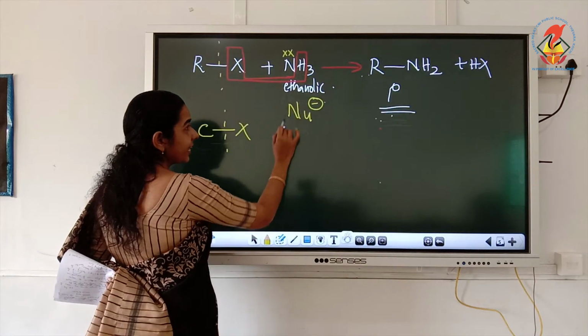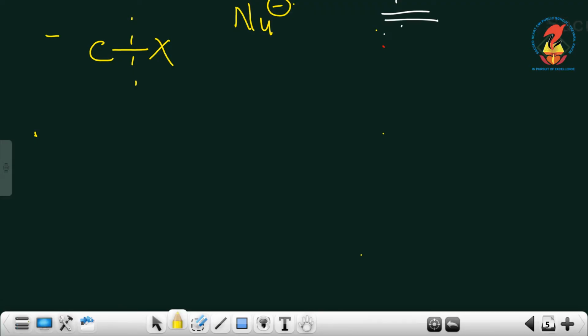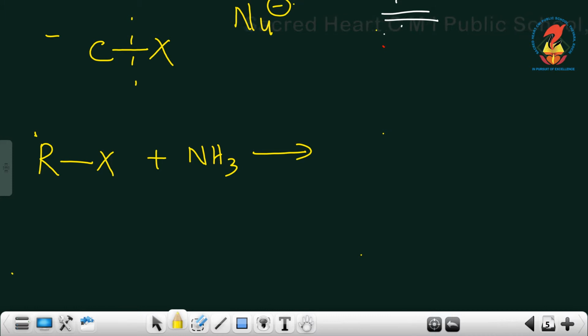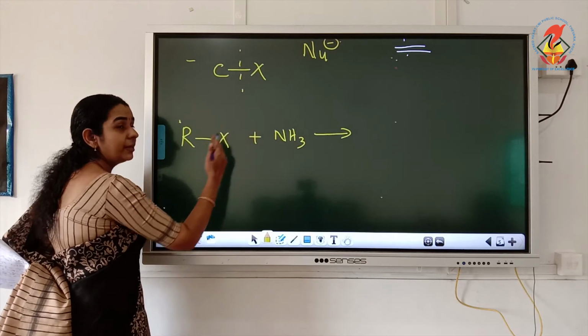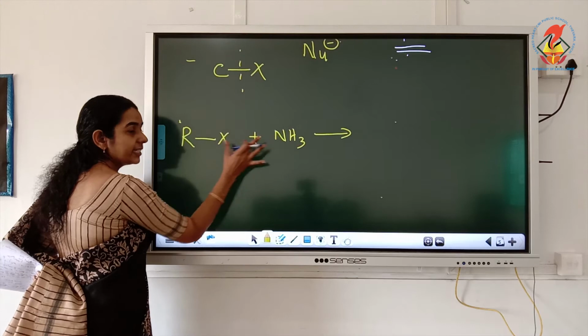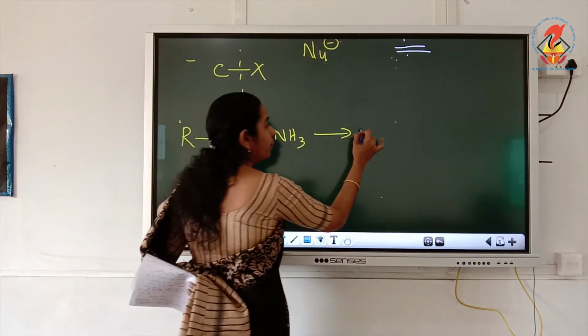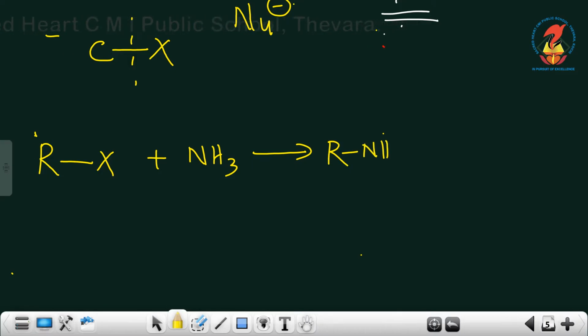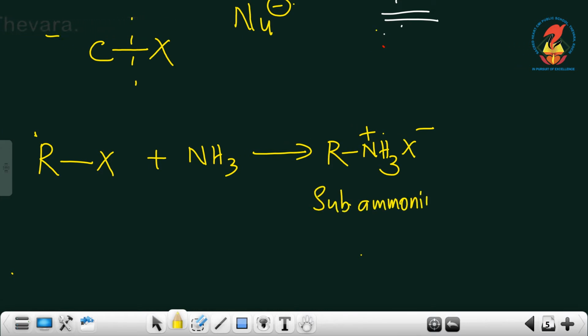Now the exact reaction happening is this: when alkyl halides are treated with ethanolic ammonia, first they form an addition product. Before they eliminate HX, these two reactants are added together to form RNH3+ and X-. It is an addition product called substituted ammonium halide.